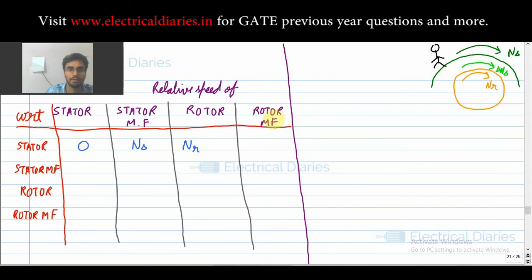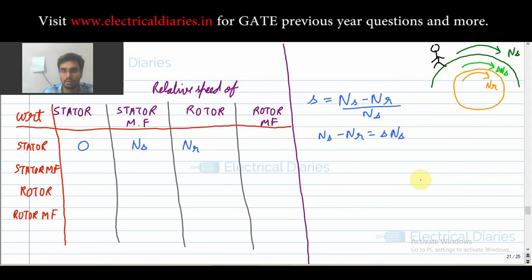And the speed of rotor magnetic field with respect to stator: we know that the rotor magnetic field is moving with speed s ns with respect to the rotor, and I am standing on the stator and observing this. So what will you observe? One thing you should also know from the previous video is that s is equal to (ns minus nr) divided by ns, and ns minus nr is equal to s ns.